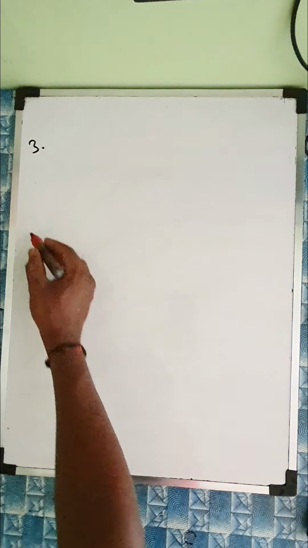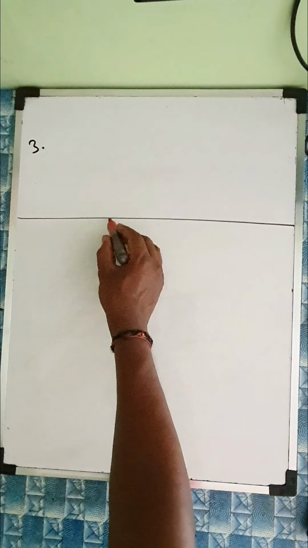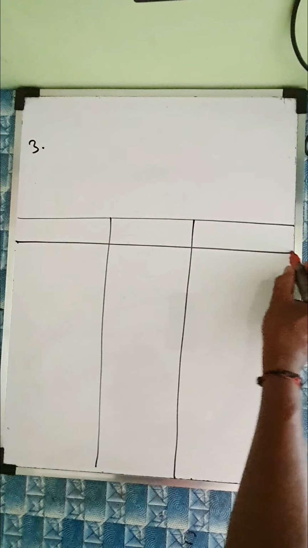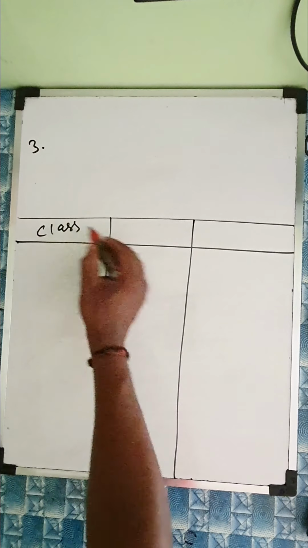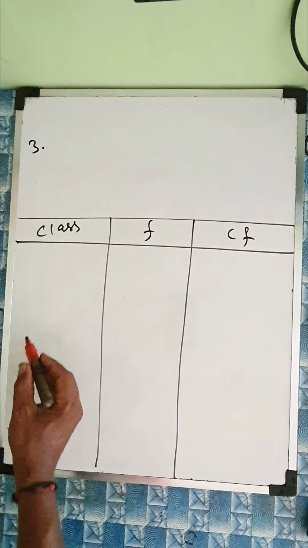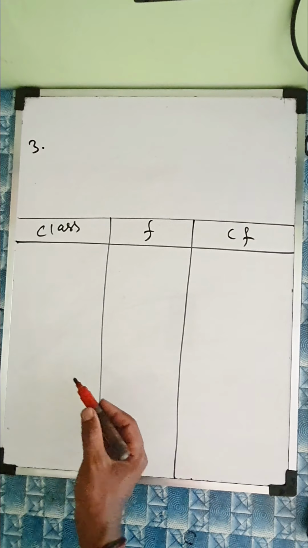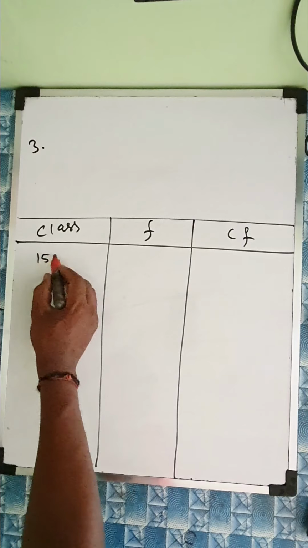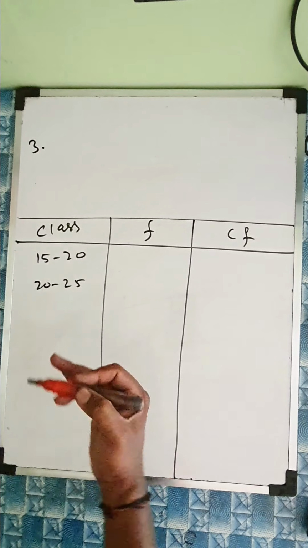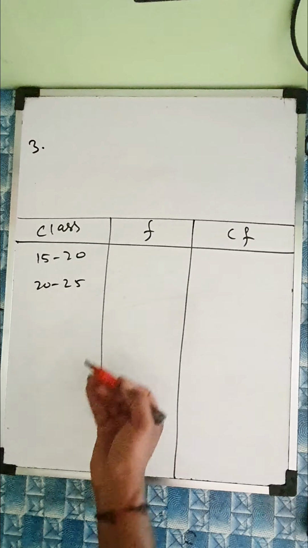So I will write it now like this. Make the table. So class, frequency and cumulative frequency, and here is below 20, below 25. So we write 15 to 20, and 20 to 25, because the difference is 5, so I'm taking it like that.